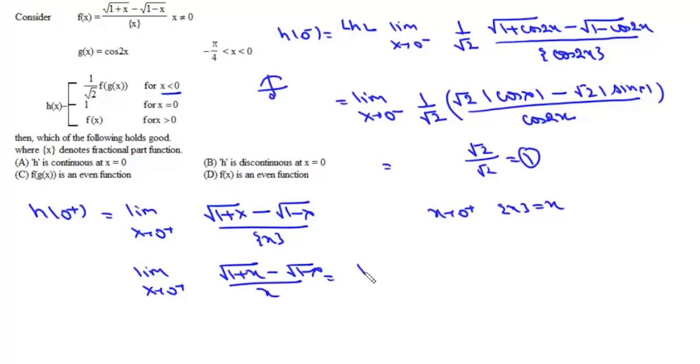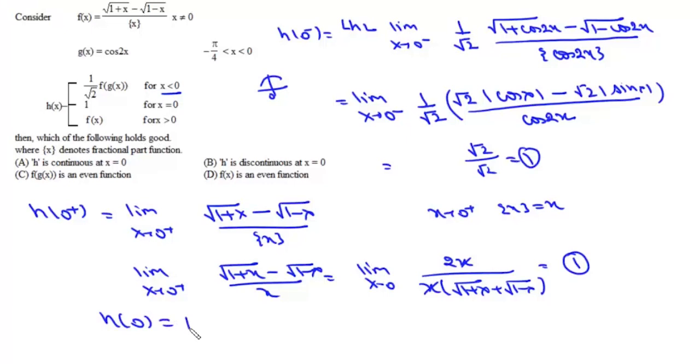Now if we rationalize this, we can write this as limit x tends to 0 of 2x upon x into under root of 1 plus x plus under root of 1 minus x. Now x and x will cancel, so this value will be 1. h(0) is given as 1. So left limit is equal to right limit is equal to function value. That means h(x) is continuous at x equals 0.